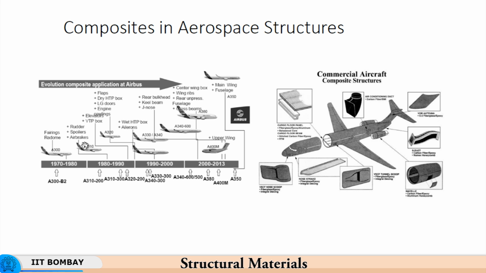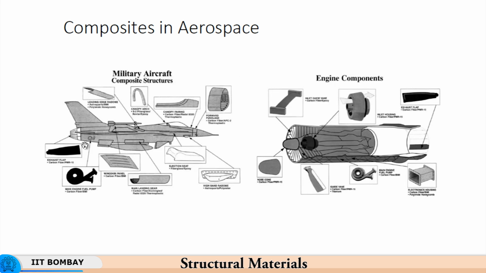So there are a significant number of structural applications for composites. Few more applications here, particularly in the engine components as well as in military aircraft. So people want to make everything as light as possible and as strong as possible, and therefore wherever composites can possibly be used, they are replacing the metal.